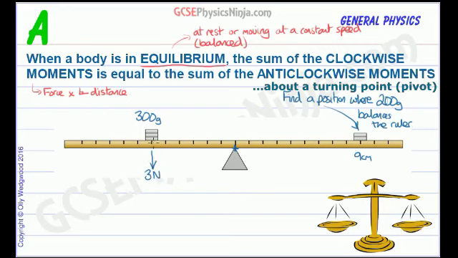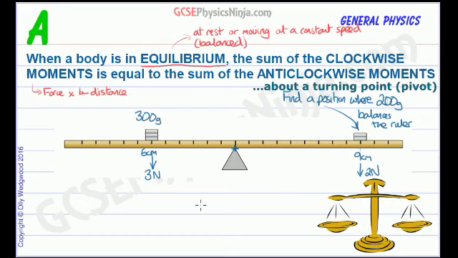The 300 grams, or the 3 newtons, is at 6 centimeters. The 200 grams has a weight force of 2 newtons. So we've got 2 newtons pushing down there, which is perpendicular to the distance away of 9 centimeters.